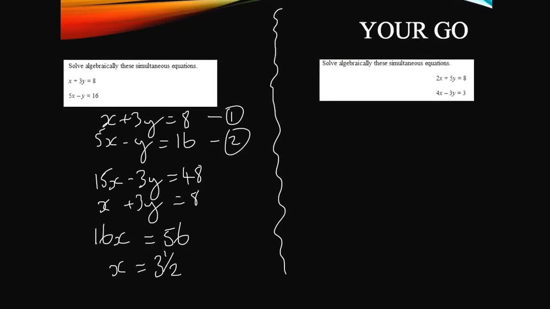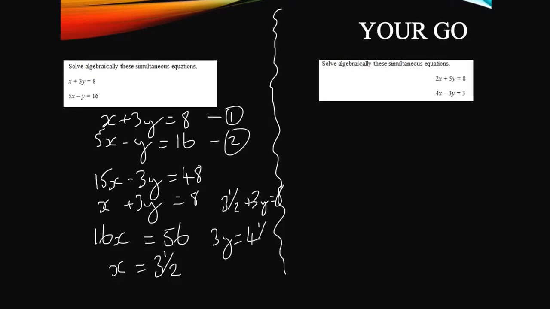Okay, now I've found my x value, I can substitute it back in to work out my y value. If we do it in the first equation, then I've got 3.5 plus 3y equals 8. Take 3.5 away from both sides, so 3y equals 4.5, and divide by 3. 4.5 divided by 3 equals 1.5.